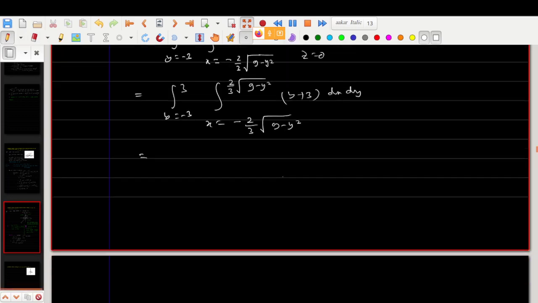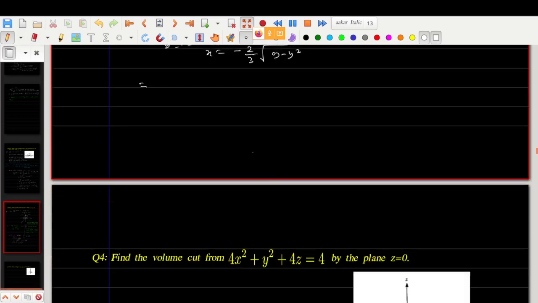Then it turns out to be 2 into the integral from y equals minus 3 to 3 of (y plus 3) into root over 9 minus y square.